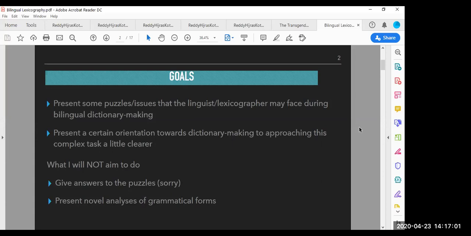So my talk is going to focus also on what kind of orientation can help with dealing with some of the issues we face while creating dictionaries.